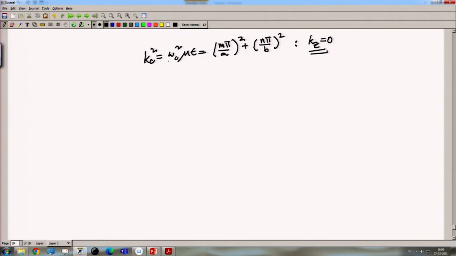This defines the cutoff frequency or the cutoff condition for the waveguide. So, when omega is less than omega c, k z becomes complex and the wave is attenuated, or the wave is called evanescent. So, omega c is twice pi f c, which corresponds, this is the radian cutoff frequency, this is the cutoff frequency in hertz or gigahertz.